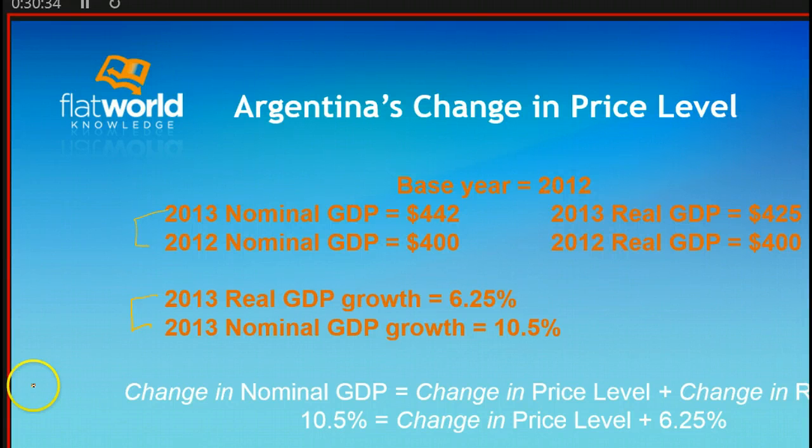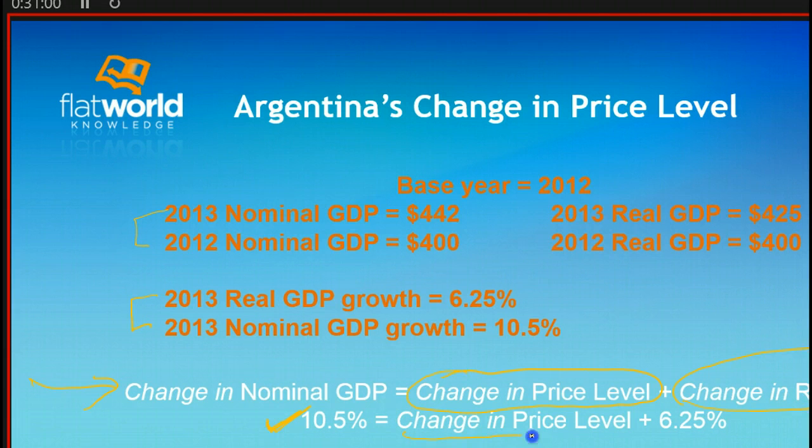If I want to look at another way to calculate the price level, I take all that information and I basically plug it in to this particular formula, which says that the change in nominal GDP, in other words, the nominal GDP growth rate, is nothing more than adding the price level change to the real GDP change. Well, in this problem, I know that the nominal GDP growth rate was 10.5%.